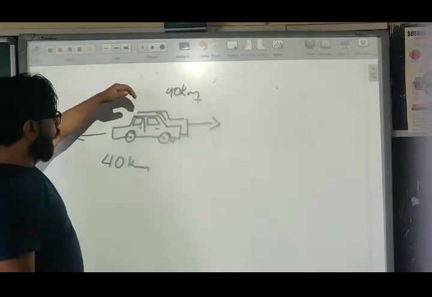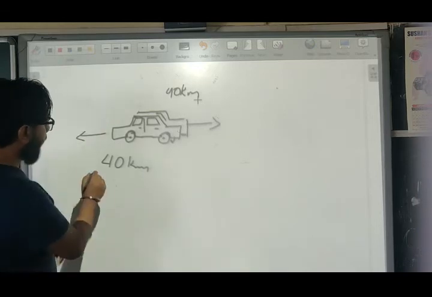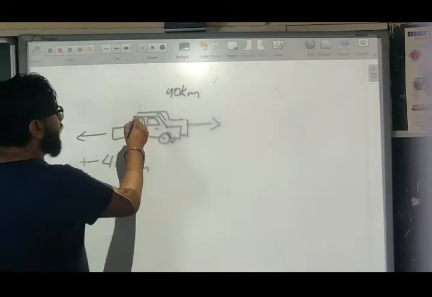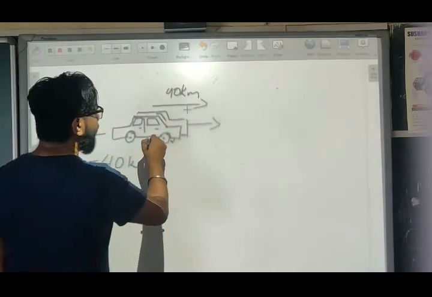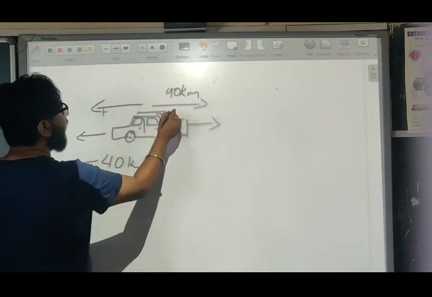So if we take one as positive and the other as negative, then what we are describing is basically velocity.